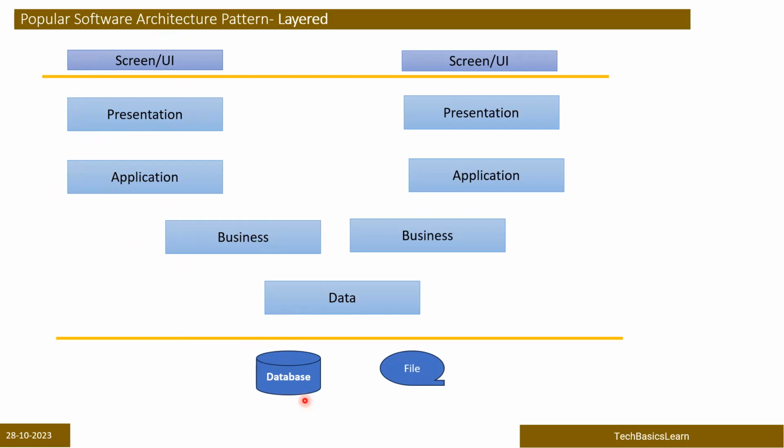We can call it a 3-layer architecture in such cases. That means there are 3 visible layers, maybe presentation, application, business, and data, or the business and data layers together. So that's how you can see many combinations in the architectural realm.